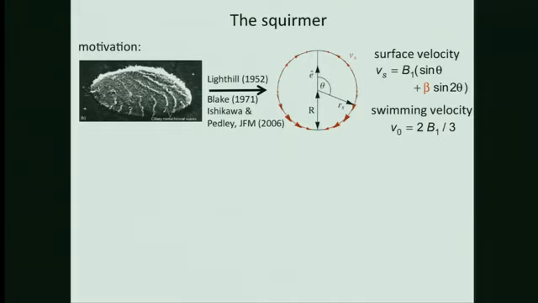And the simplest form for surface velocity is a tangential velocity here, and we just restrict to the first two modes. So a sine theta variation, with B1 determining the swimming velocity, and then the second mode with beta, which determines the type of the swimmer. And I should say that this swimmer is studied a lot by Pedley and Ishikawa in all different aspects.